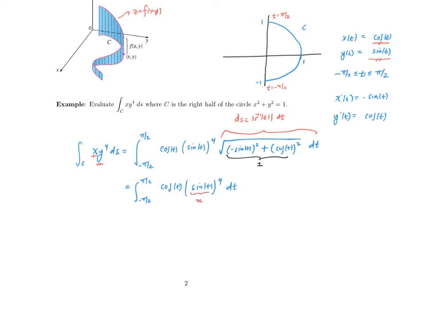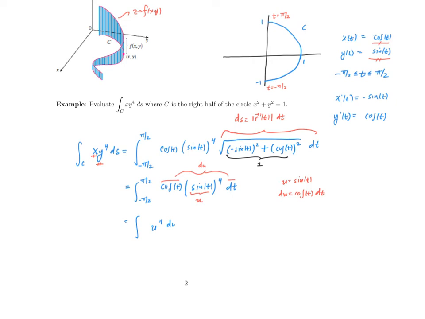This would be well suited for a substitution. If we let u be equal to sine t, du is cosine t dt. So we have a definite integral with limits of integration to be determined. Note the cosine t dt plays the role of du, and we are integrating simply u to the fourth.